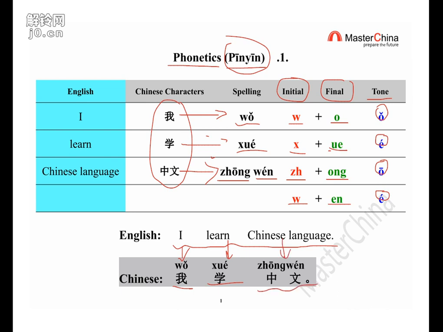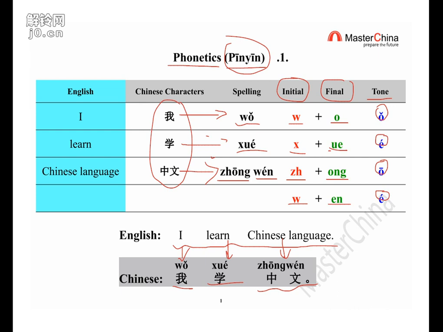You should notice the order of this sentence. It's very interesting. English and Chinese have exactly the same sentence order, right? So you should be very happy because Chinese and English have lots of similarity, and the sentence order is one of them.